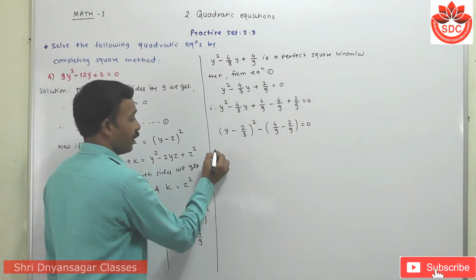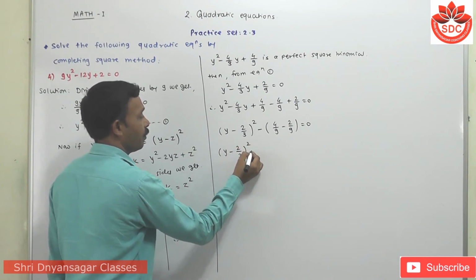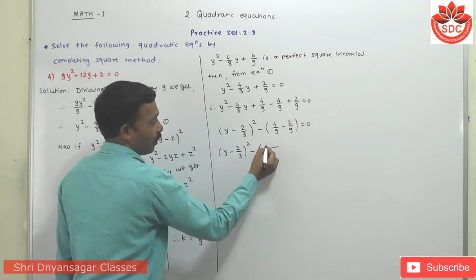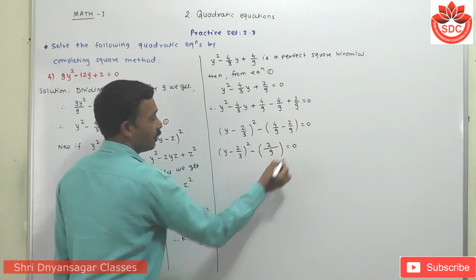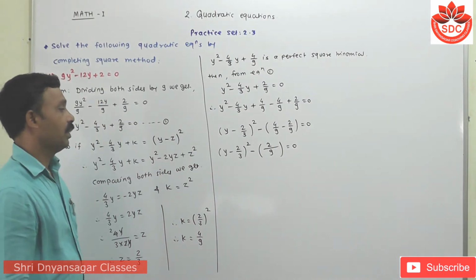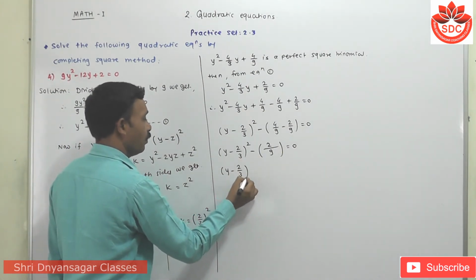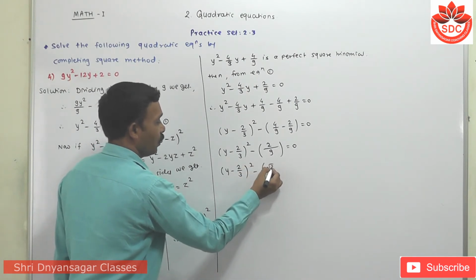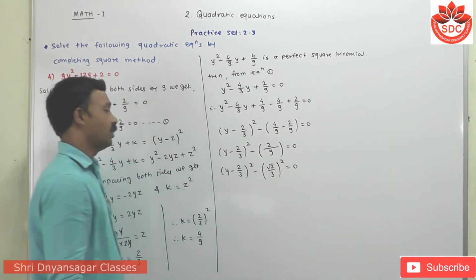Now then we write here y minus 2 upon 3 bracket square minus, this LCM is 9, you have to subtract the numerator, 2 upon 9 is equal to 0. Then this is the square of y minus 2 upon 3 bracket square minus the square of root 2 upon 3 bracket square is equal to 0.